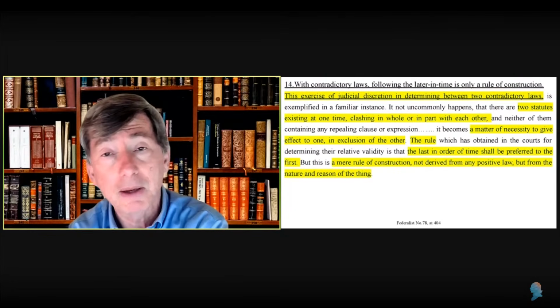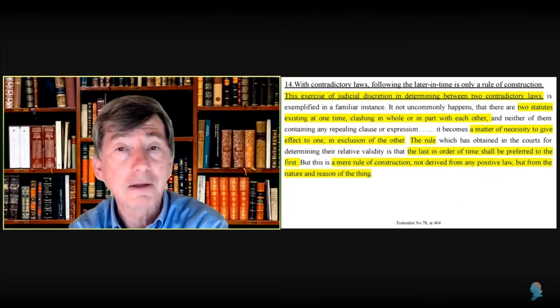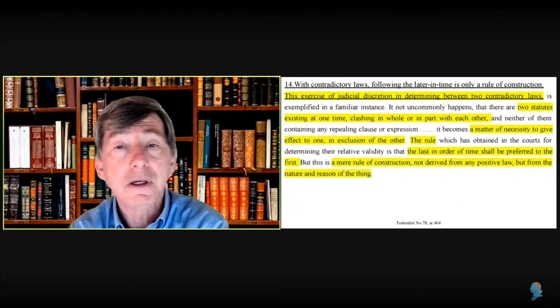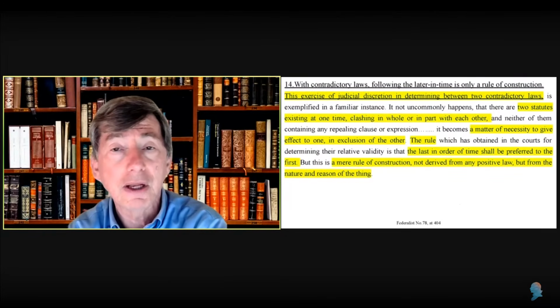Well, if you're talking about a democratic society, or even a relatively non-democratic society in which you have legislation, the current legislation is deemed to have taken place against the background of the other. So you have no choice, in effect, but to give preference to the later.